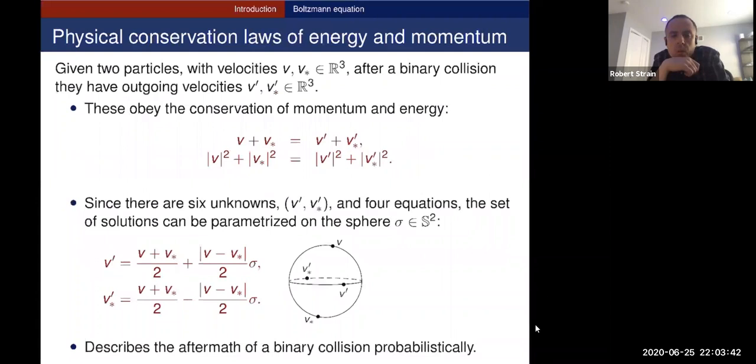And so I'll tell you a little bit about it first. This equation models particle dynamics. It's kind of an intermediate model between a many particle system and an equation like the Navier-Stokes equations from fluid dynamics.